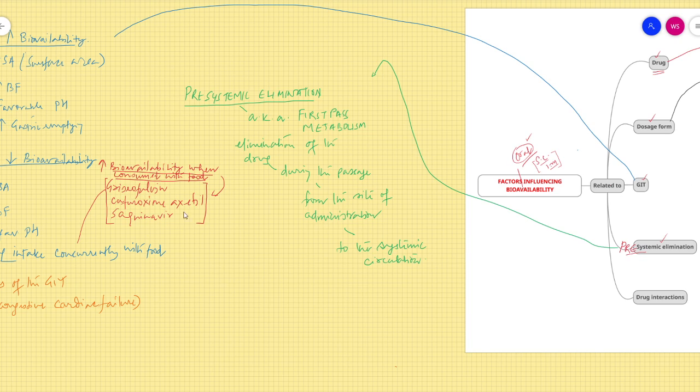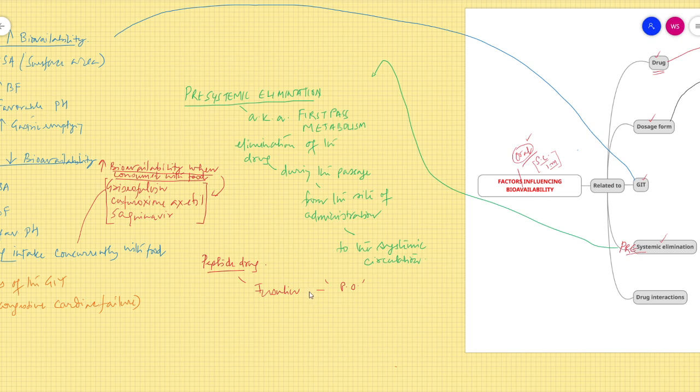Okay. So let's say a peptide drug. What could be an example of a peptide drug? It could be, say, insulin. Okay. And imagine we are giving this insulin per oral. Okay, we are administering insulin orally.